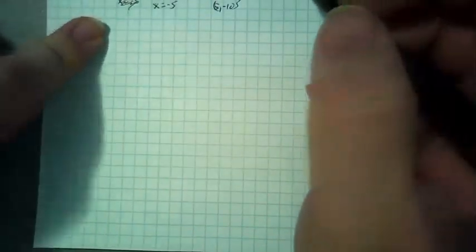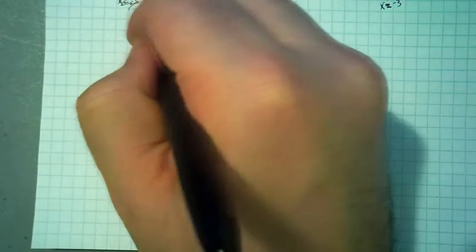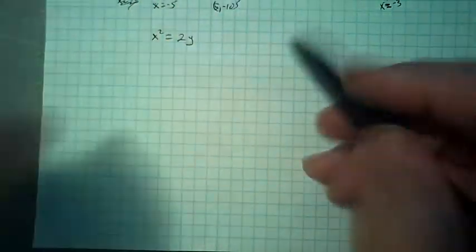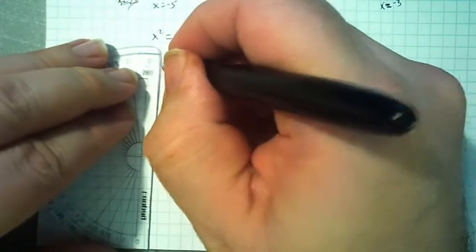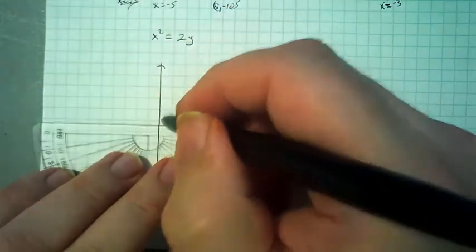Got one more of these, and then we'll move on to writing equations, which takes up a lot less space, actually. My last example of this, x squared equals 2y. So because the x is squared, this is a parabola that opens up or down, like the ones we've used to seeing.